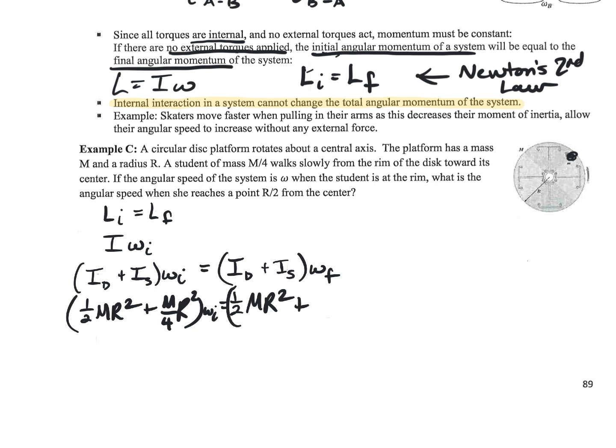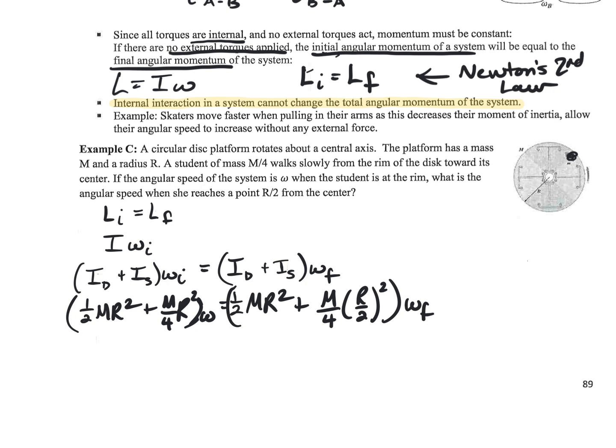And then this is still going to be m/4, but instead of r, it is now r/2 squared times omega final. And really we shouldn't say omega initial because the problem gave us omega, so let's just call this omega.